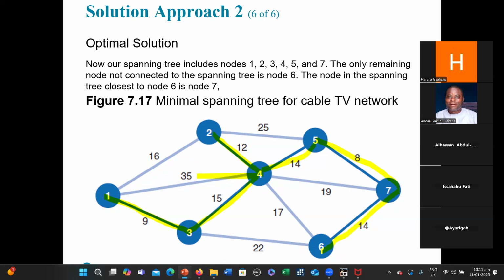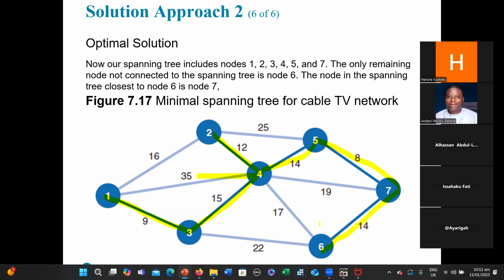So this solution tells us the minimum total cable length that we can cover.